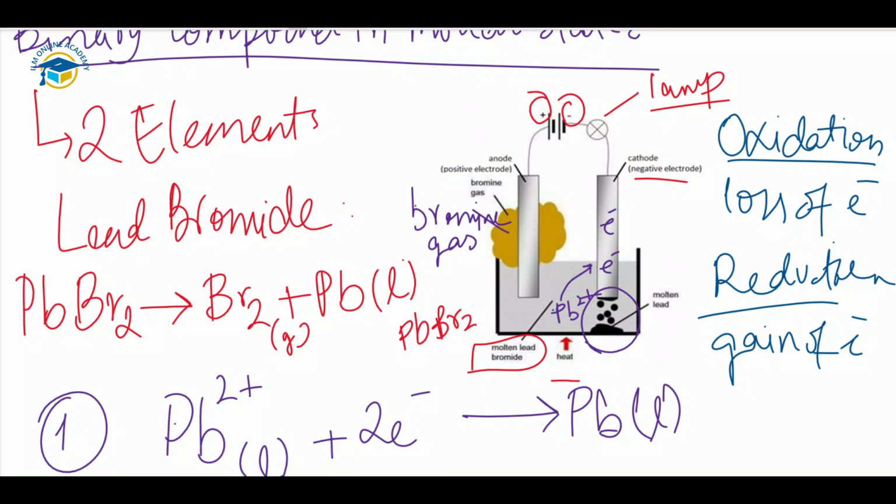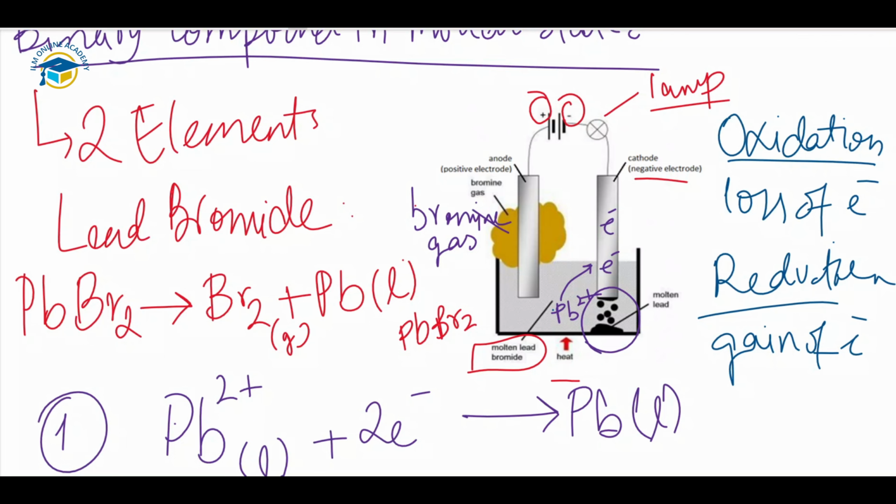We have two electrodes. We have the electrolyte, that is this liquid, or you can say we have the molten lead bromide. In this case, the lead bromide is converted into the liquid state by applying heat. So when the electric current is provided, what will happen?